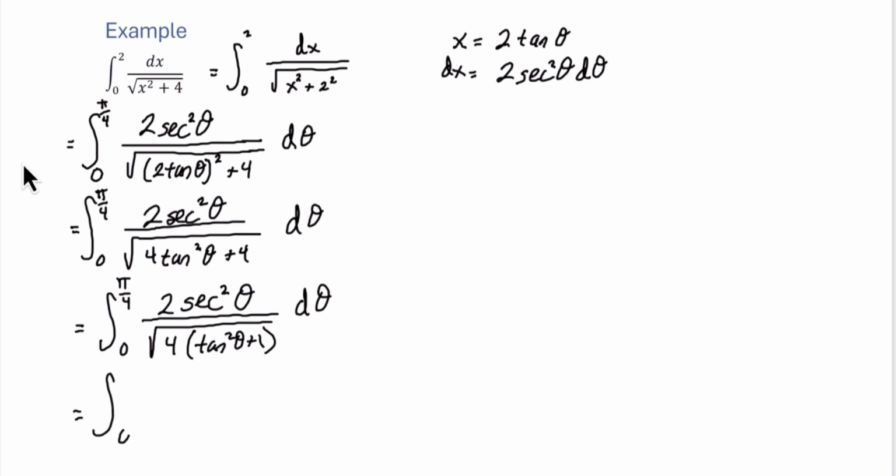Again, copying everything in the numerator for now. Recognize that tangent squared theta plus 1 is a trig identity. That is secant squared theta.